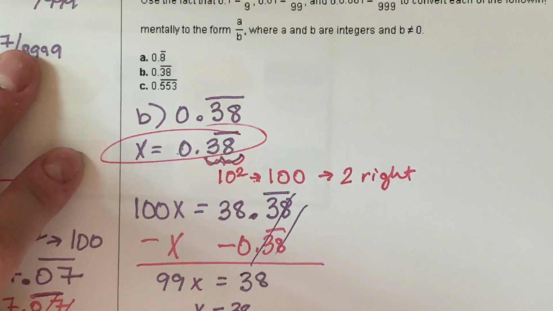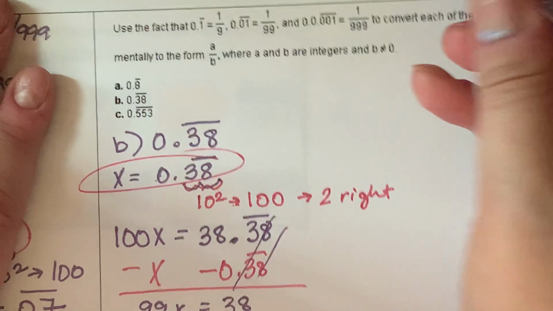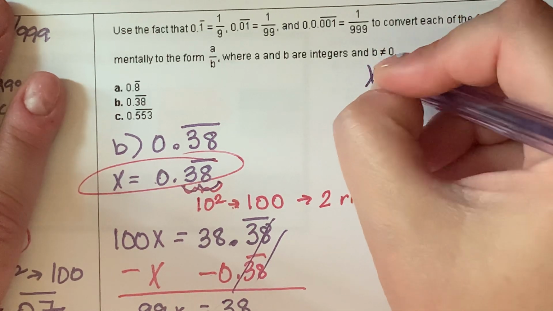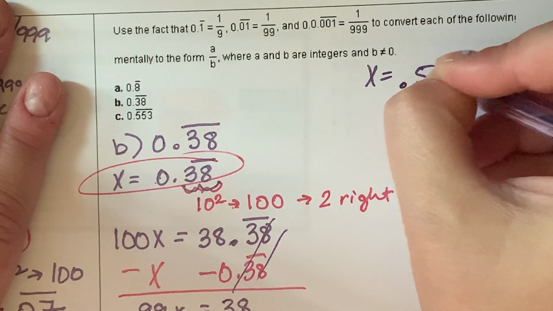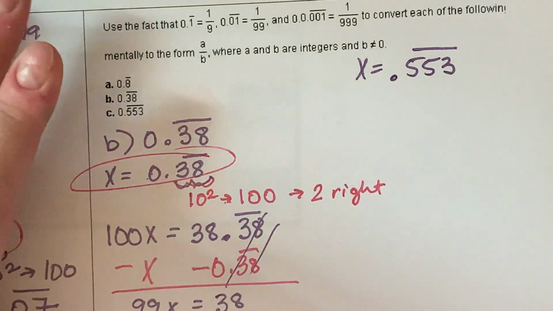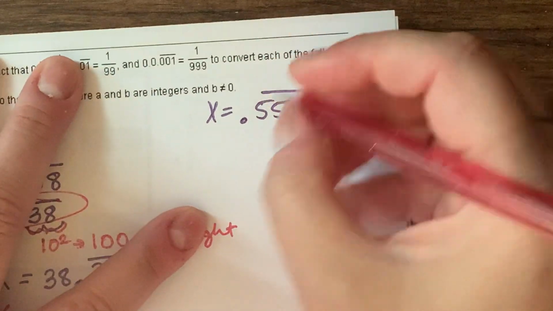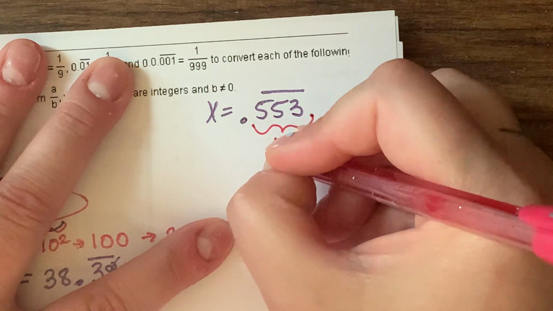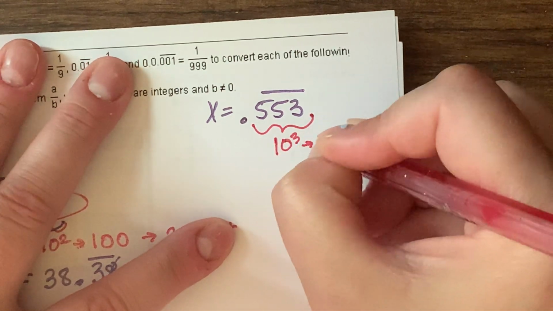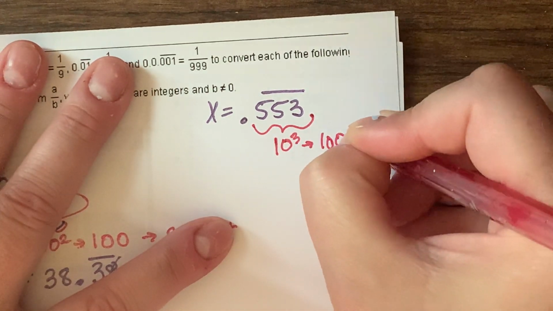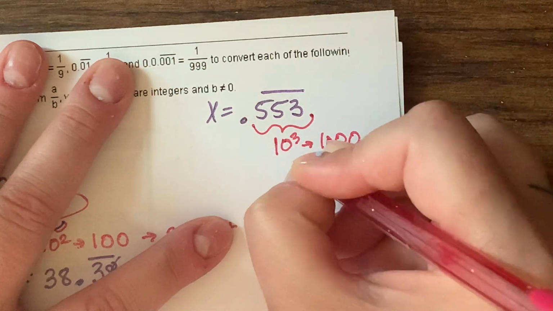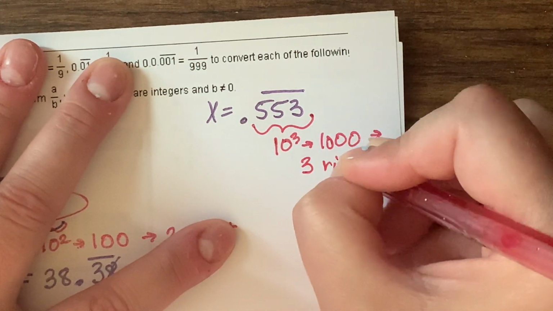Okay, for part C, it's a little bigger. So I'm going to say that x is 0.553 repeat. And then I'm going to count how many digits are underneath that bar. And there are 3 digits, so I'm going to multiply by 10 cubed, or 1,000, or 3 spots to the right.